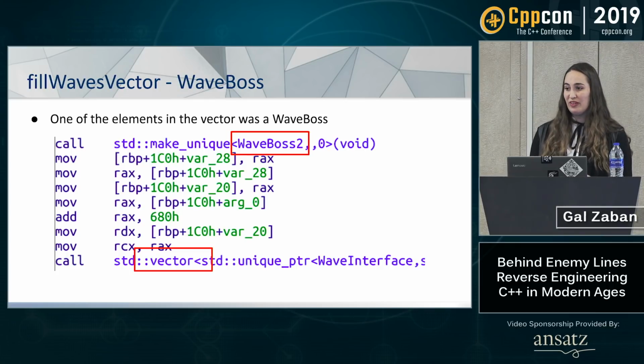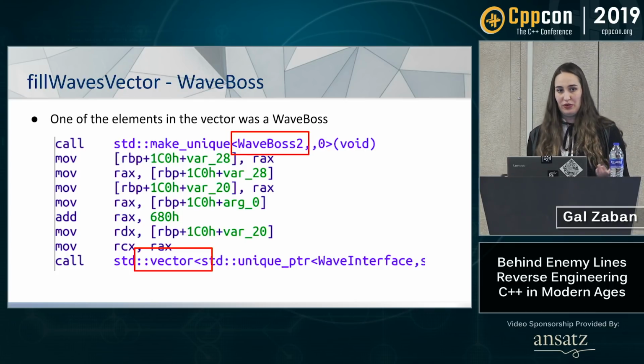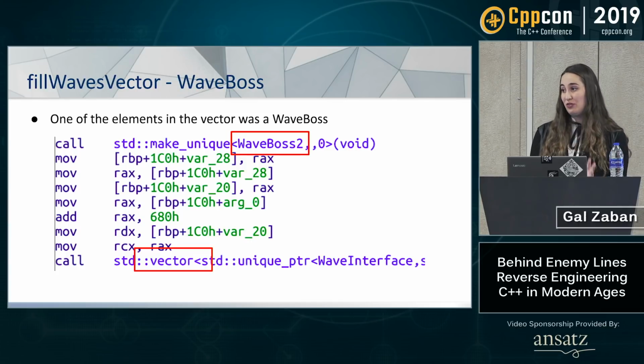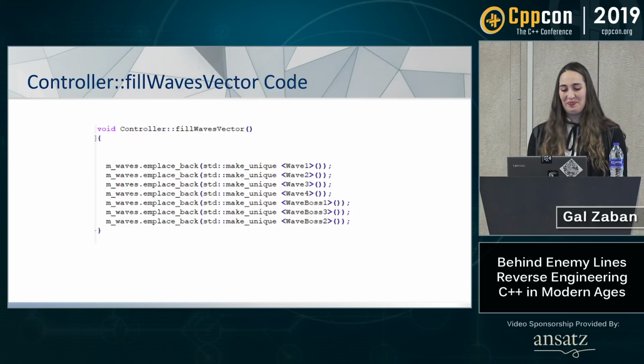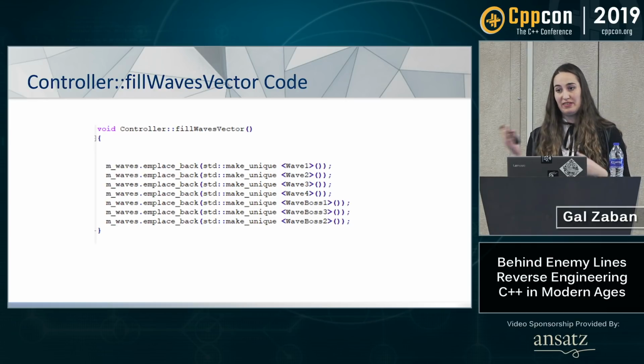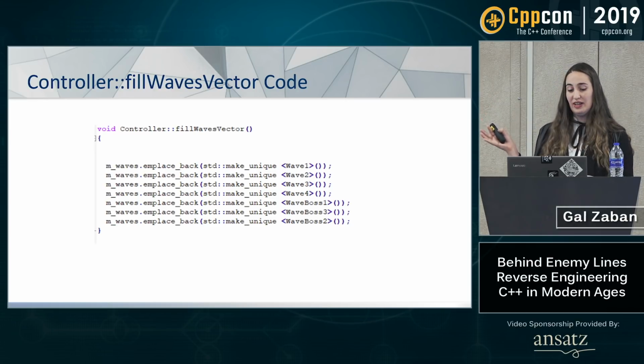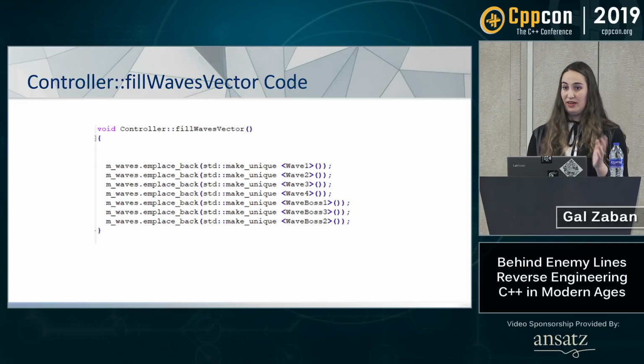And wave boss is probably, I will assume, the big chicken boss that you need to fight and it's impossible to pass. This is my assumption, but we need to check it and look further in order to give a concrete answer. So if I summarize it, the fill waves vector function from the assembly looks something like that, just in place of the objects, and that is in general how it looks.